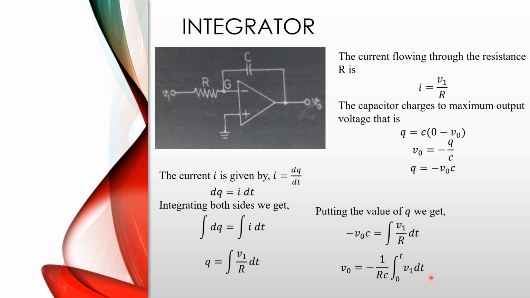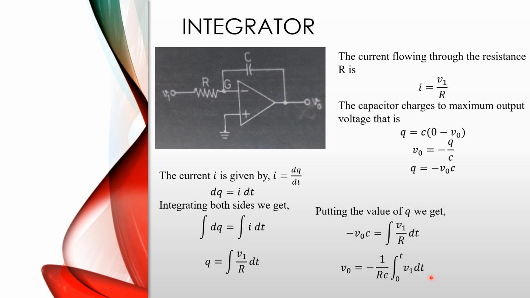So V0 is the output voltage which is proportional to the integral of the input voltage V1 with respect to time from 0 to t, and the proportionality constant is 1 by RC.